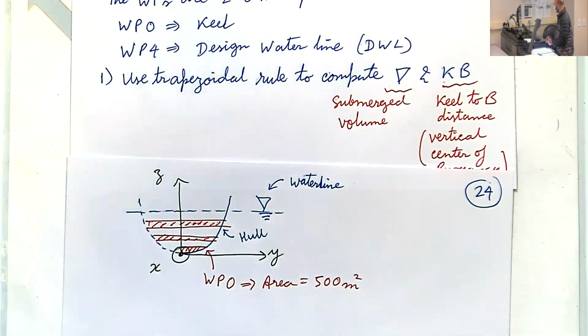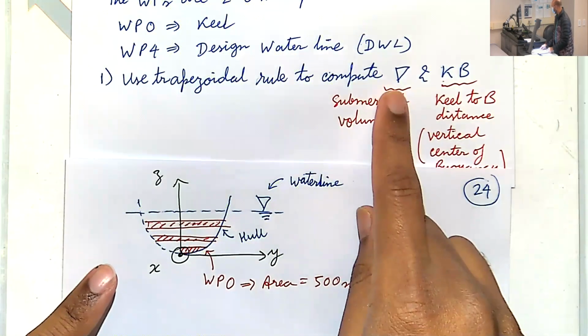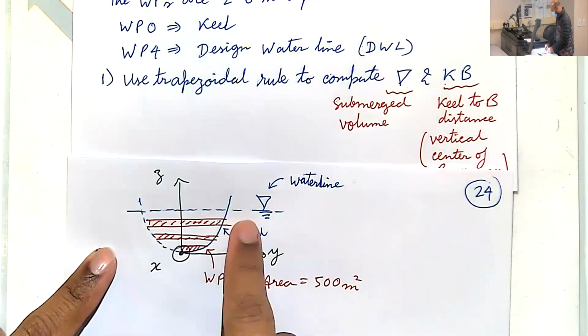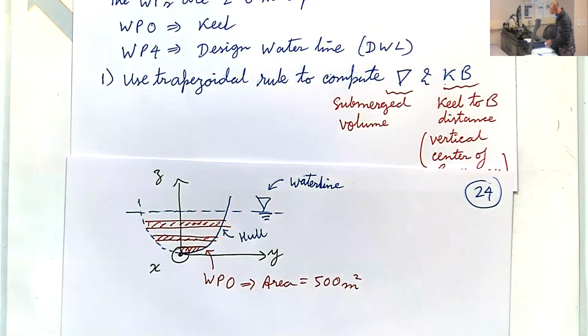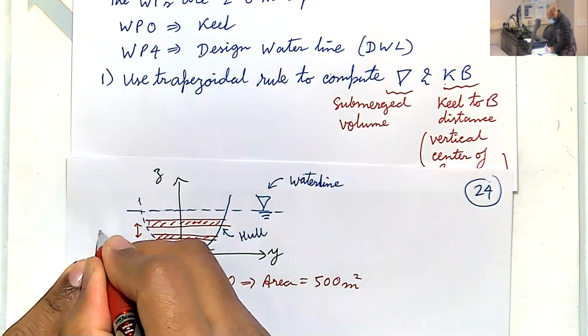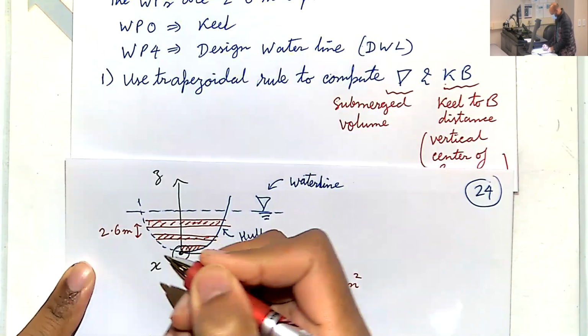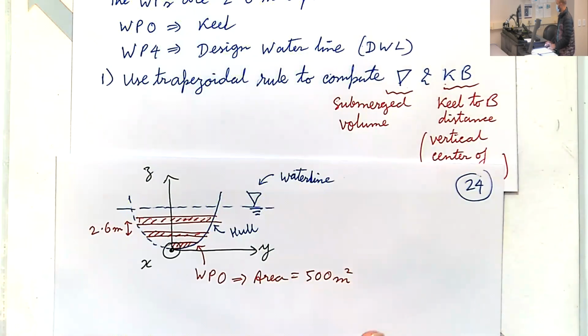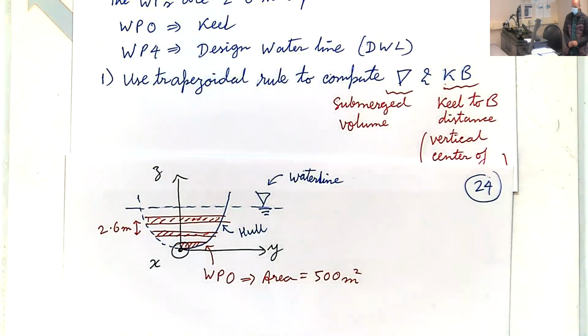How would you use this information to compute the volume? We're given area of the slices, and we're given this guy is what? 2.6 meters. So how would you do it?